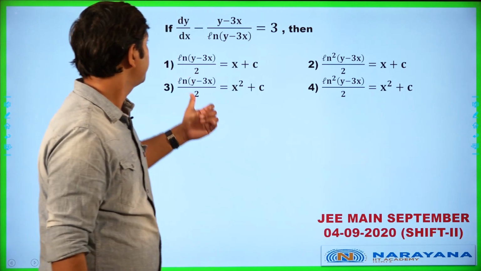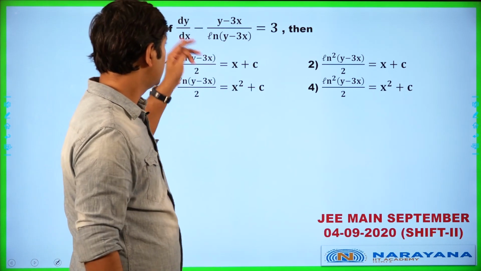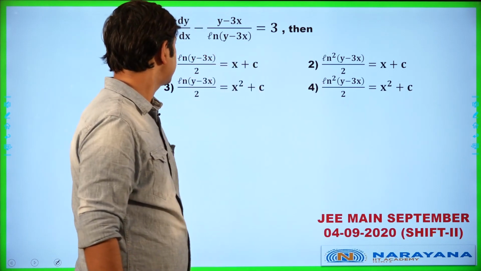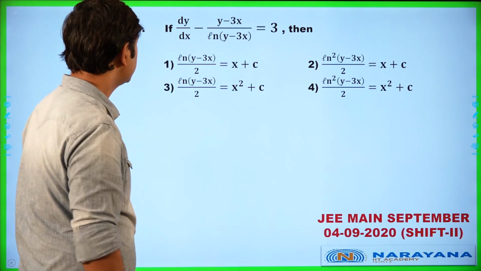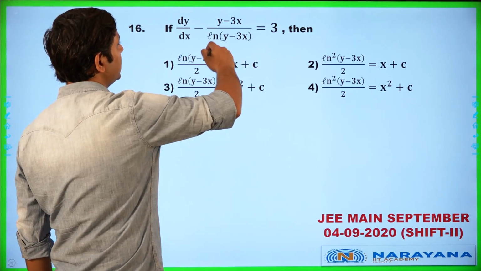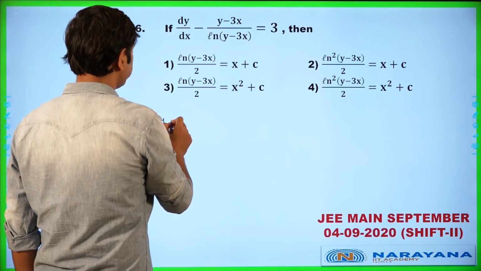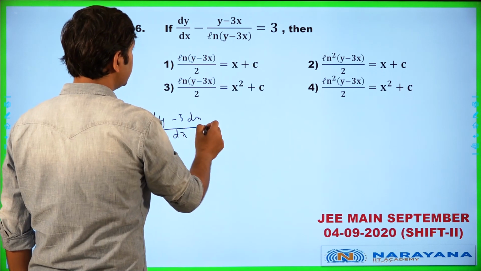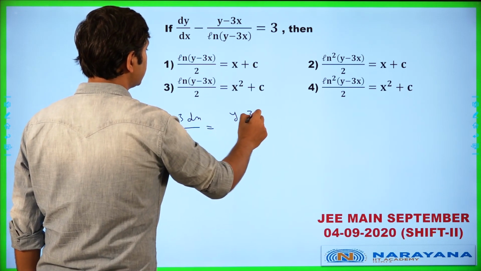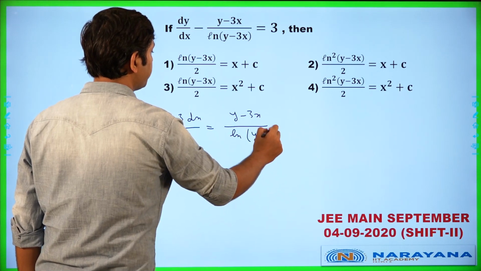In the next question, we have been given this differential equation and we have to integrate it and write the solution of the differential equation. Notice that if we bring this 3 this side and this expression that side, we'll get dy minus 3 dx upon dx equal to y minus 3x upon ln y minus 3x.